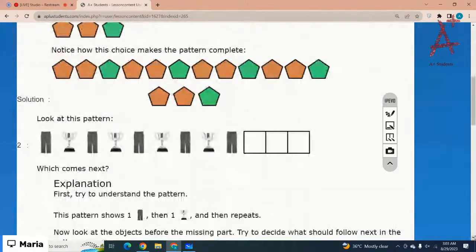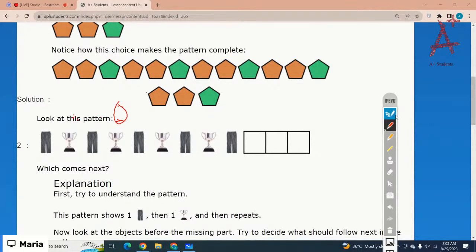Okay, the next one is which comes next. So which is the correct option? The pattern starts with one pant and one cup, then one pant, one cup, one pant, one cup. That means the pattern continues, right?